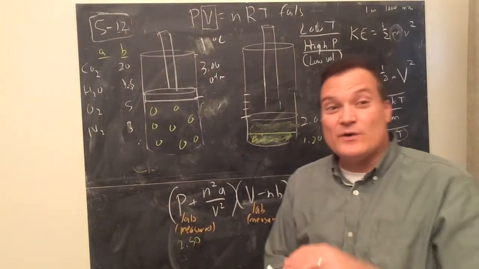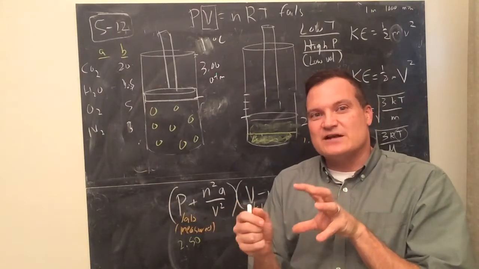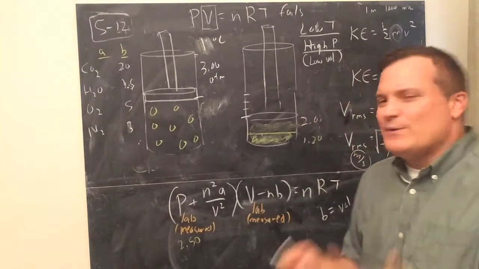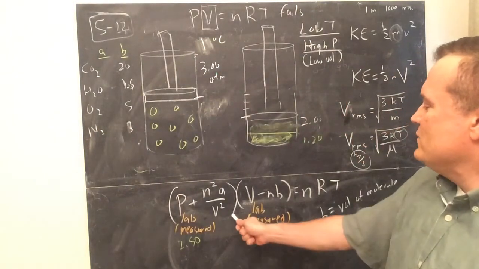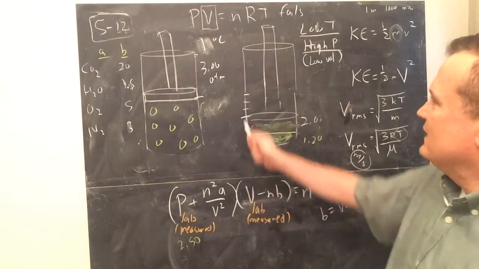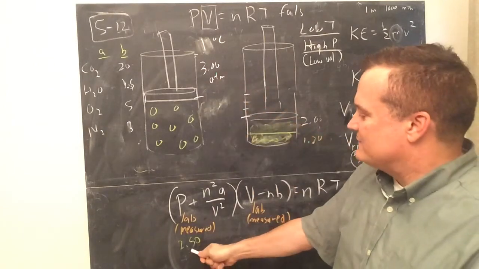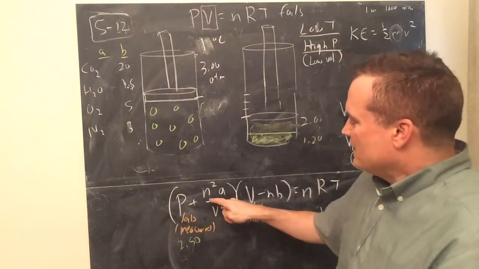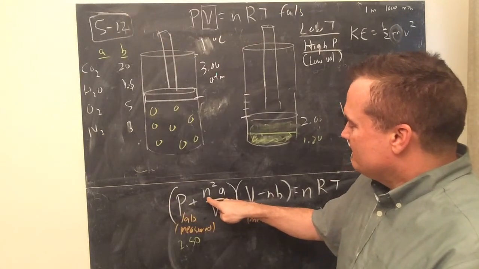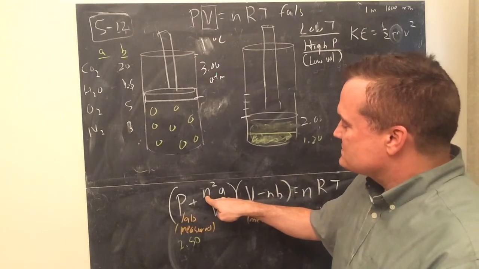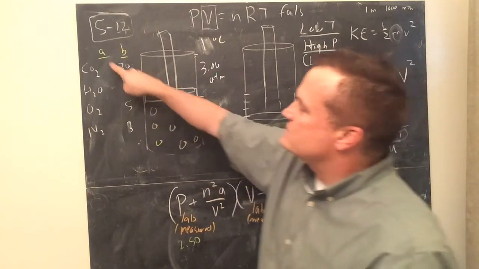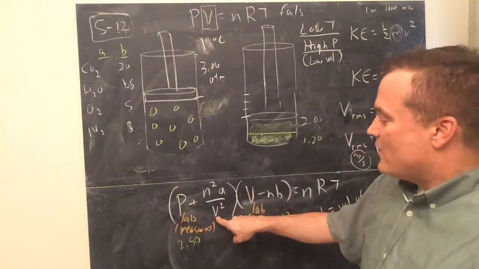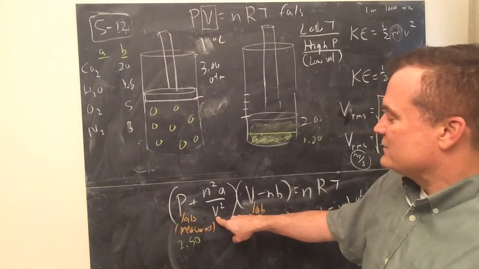It's because now they're going so slow that molecules are being stuck together, and so they don't hit the side as forcefully. So if I use the van der Waals equation, I can take my low pressure in the lab, 2.50, and add to it the number of moles squared times A, the van der Waals constant for intermolecular forces, over the volume squared on the bottom.